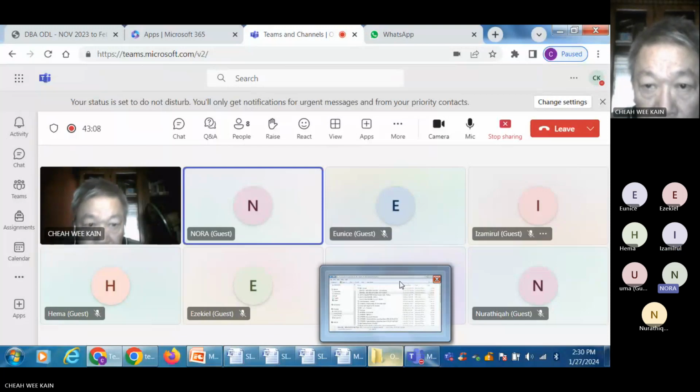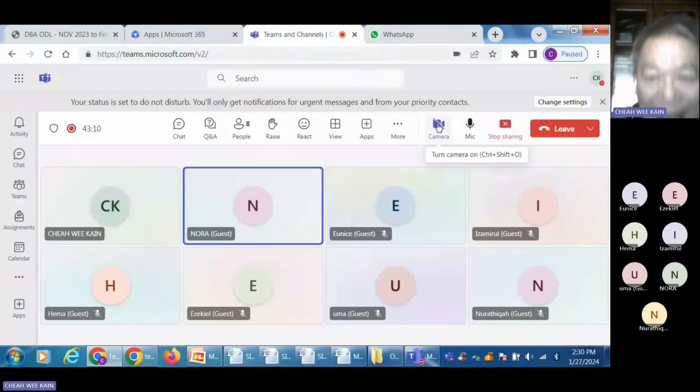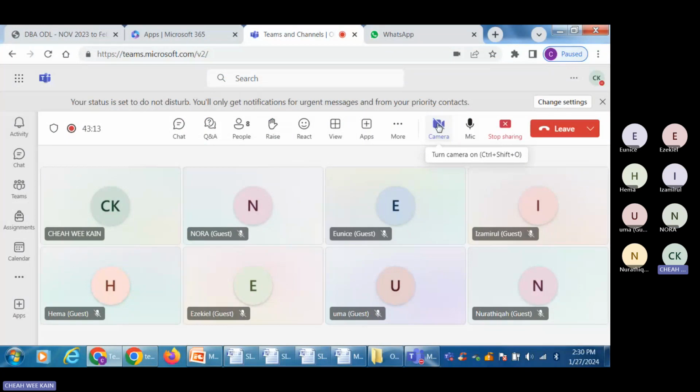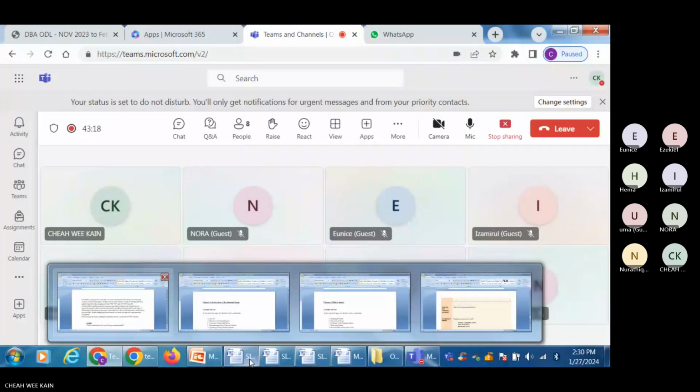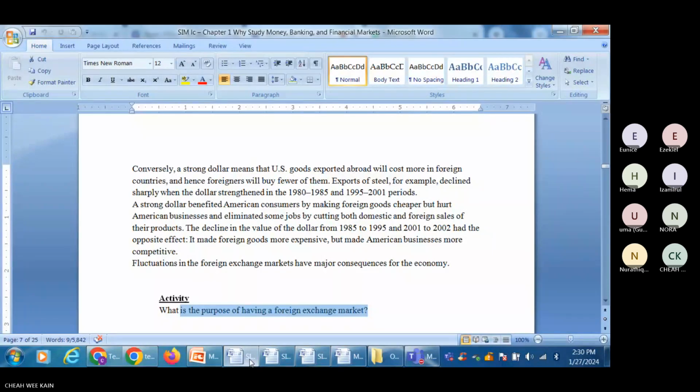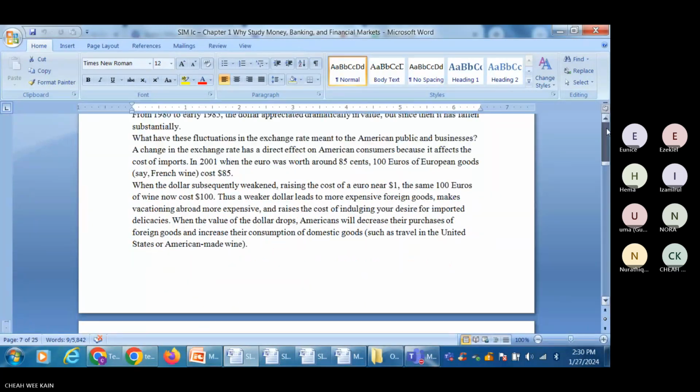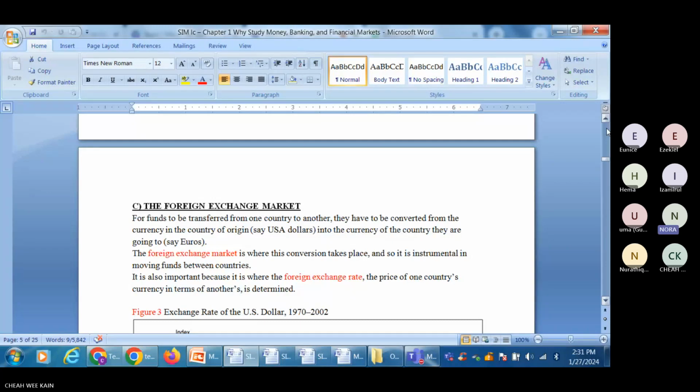Wait, I Google. No problem. For currency purpose only.